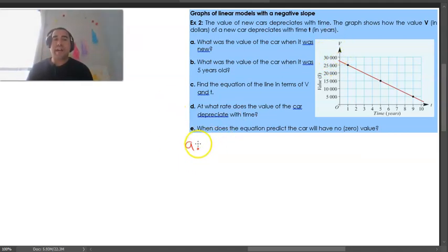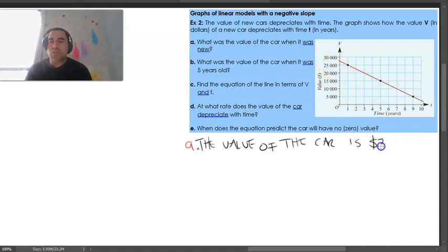So the value of the car is $2,750, as this is the value that lies in between 2500 and 3000.